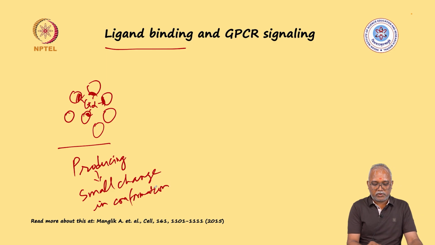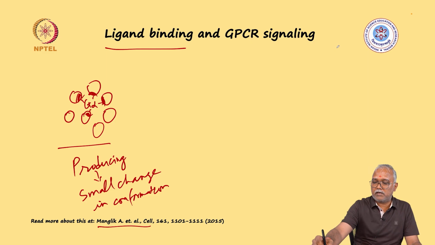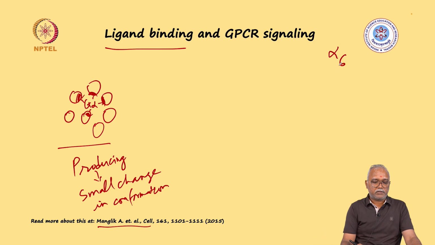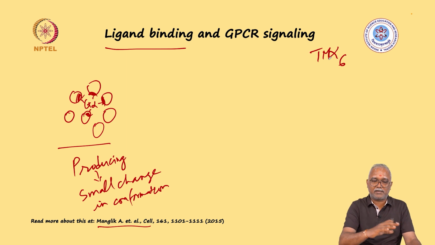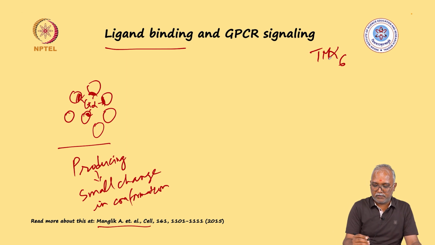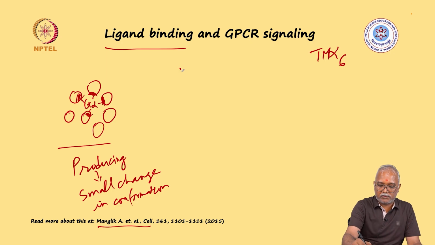So some of the studies which are reported here show that particularly the alpha helix 6, the transmembrane alpha helix 6, undergoes changes, which allows the receptor to be in an inactive state or active state. Consider a situation where this is the orientation of helix 6. This is the normal situation, the intermediate position 1.